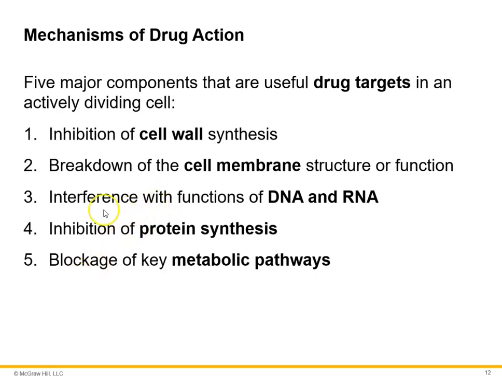You can also have drugs that interfere with the functions of DNA and RNA. If you interfere with the microorganism's DNA molecule, you can introduce mutations into the microorganism the next time it divides. And so the next time it divides, it tries to replicate its DNA, and because you've damaged that DNA molecule, mistakes are going to be made.